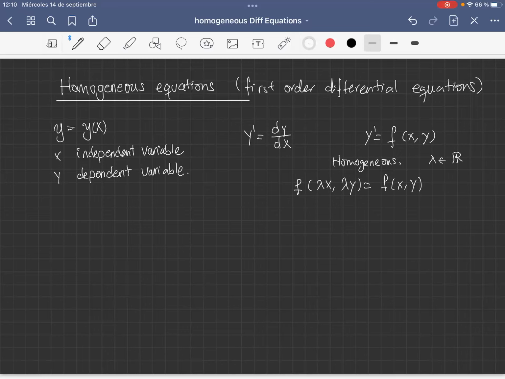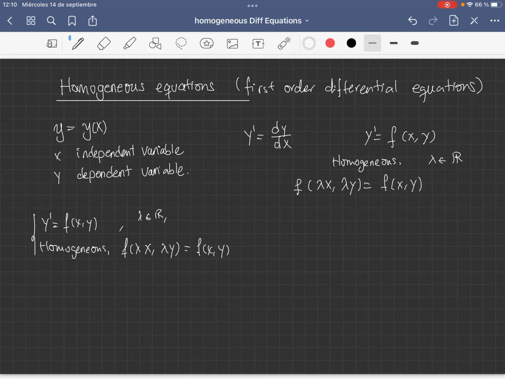But for the moment, let me show you that if we have an equation that is homogeneous, that is, the f can be rescaled with a lambda and equals the same unscaled function, what does this mean?